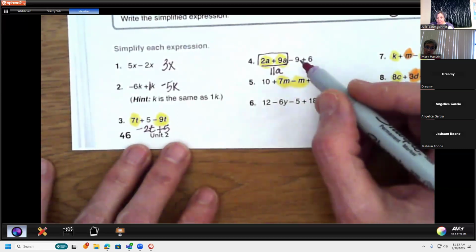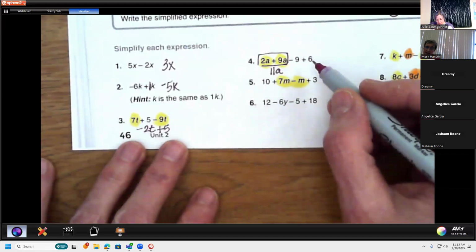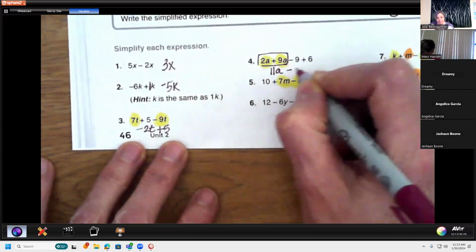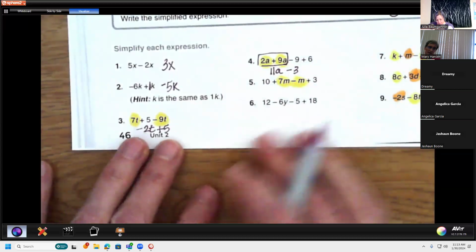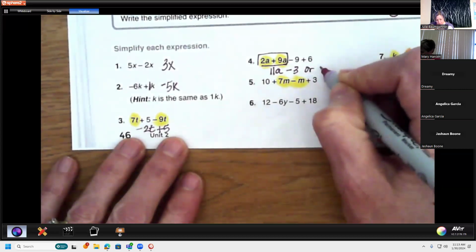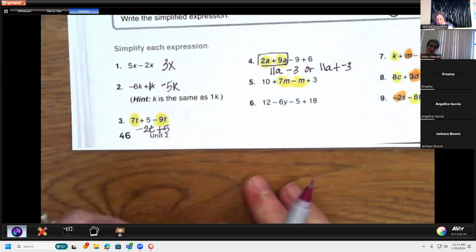-9 plus 6, the signs are different. So I subtract and I get 3, and I keep the negative. And so I could write either 11a minus 3, or I could write 11a plus -3. Those are equivalent.